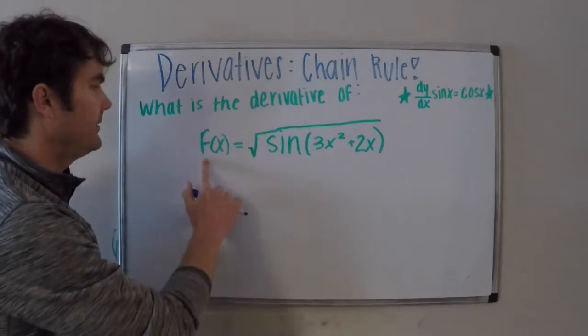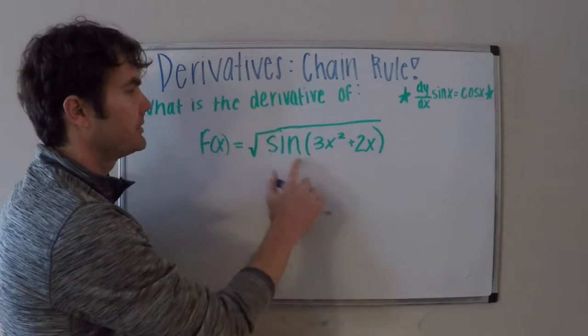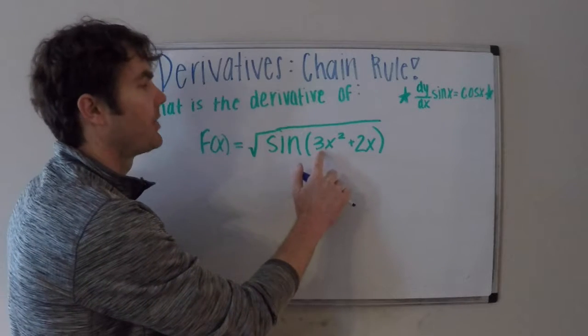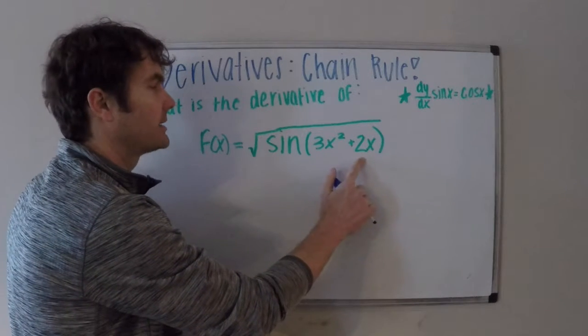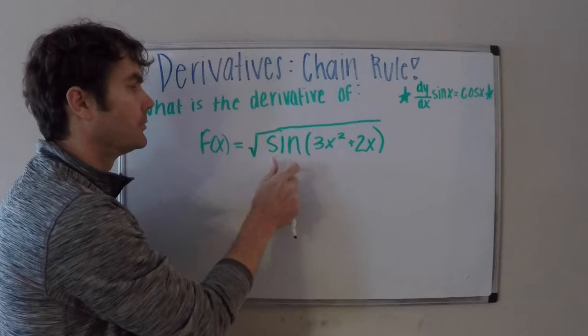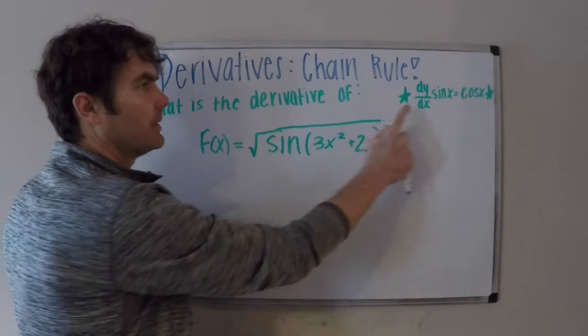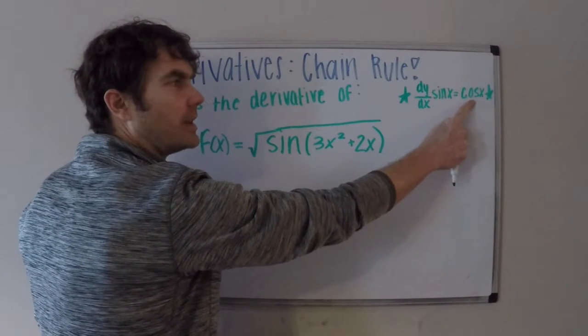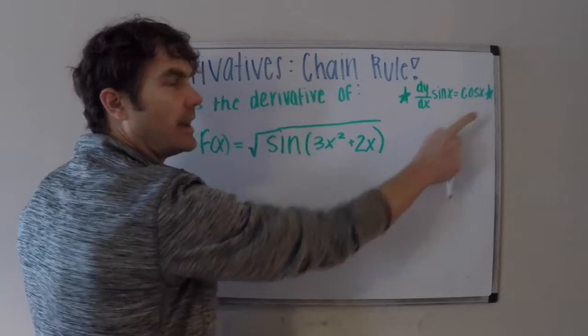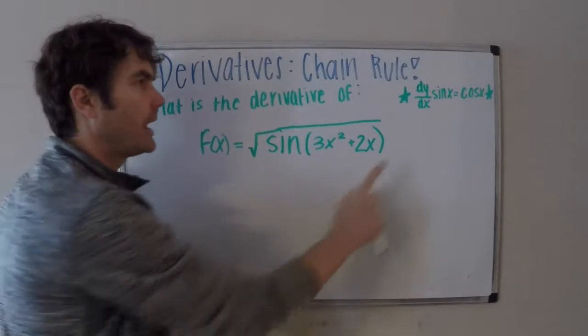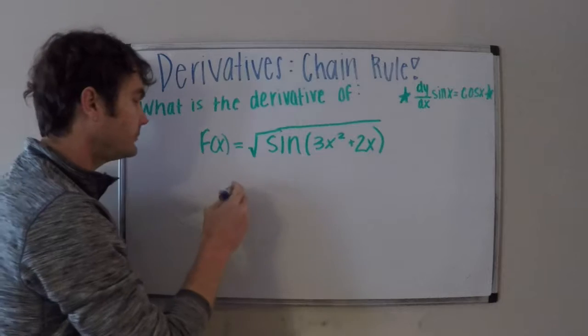This one: f of x equals the square root of sine of (3x squared plus 2x). Now, to do this one, remember our trig identities. The derivative of sine is cosine. So the derivative of sine x is cosine x. That's going to come in later, and I wanted to point that out now.